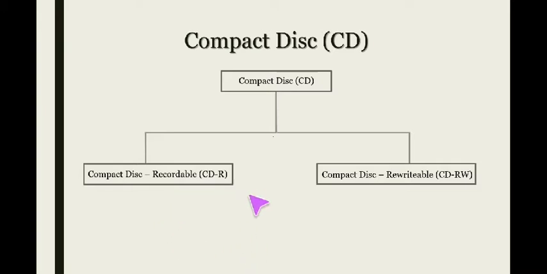With compact disc recordable, data can be written on the CD only once. The CD cannot be used for rewriting. This is compact disc recordable, CDR, and the compact disc rewritable is a rewritable CD. Data can be written to this CD after erasing the stored data.